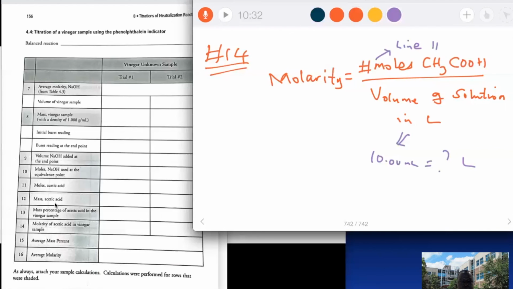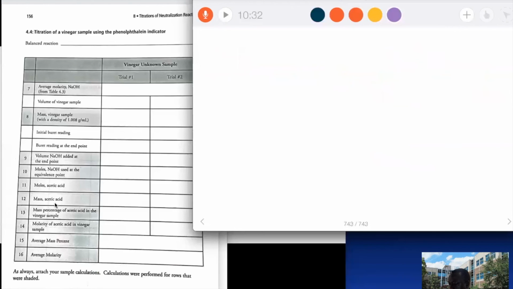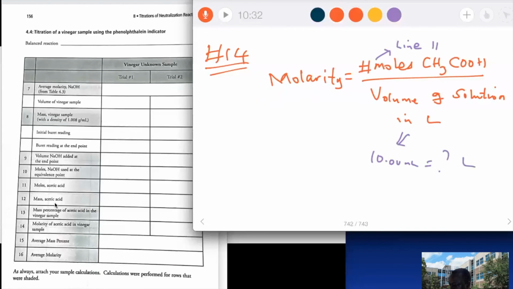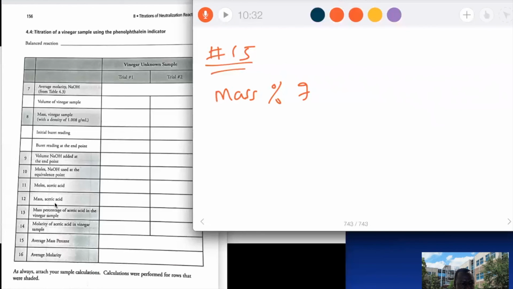You're going to do the trials, trial 1 and trial 2. Mass percent, of course, everybody knows mass percent. Number 15, mass percent of acetic acid in vinegar, molarity of acetic acid in vinegar. I've done that. So I meant to say number 16, average mass percent.